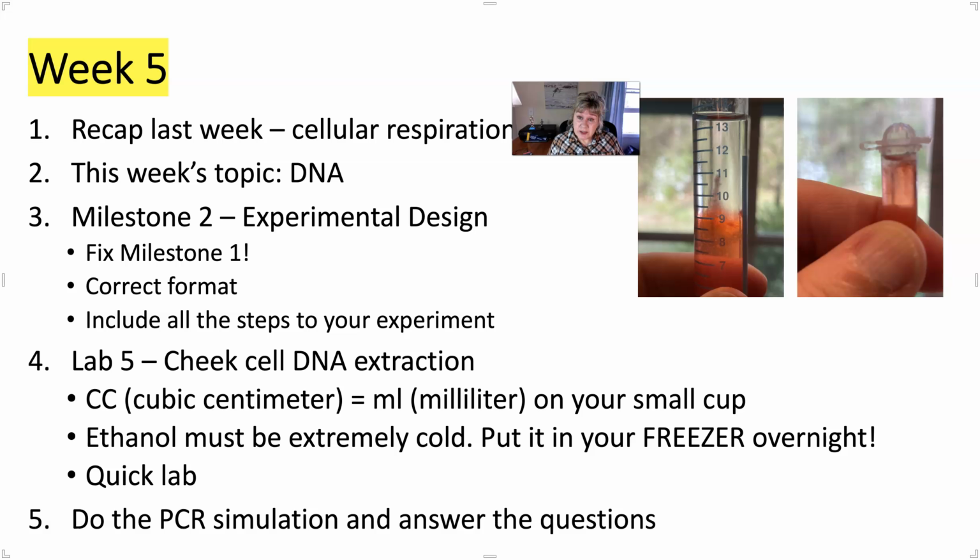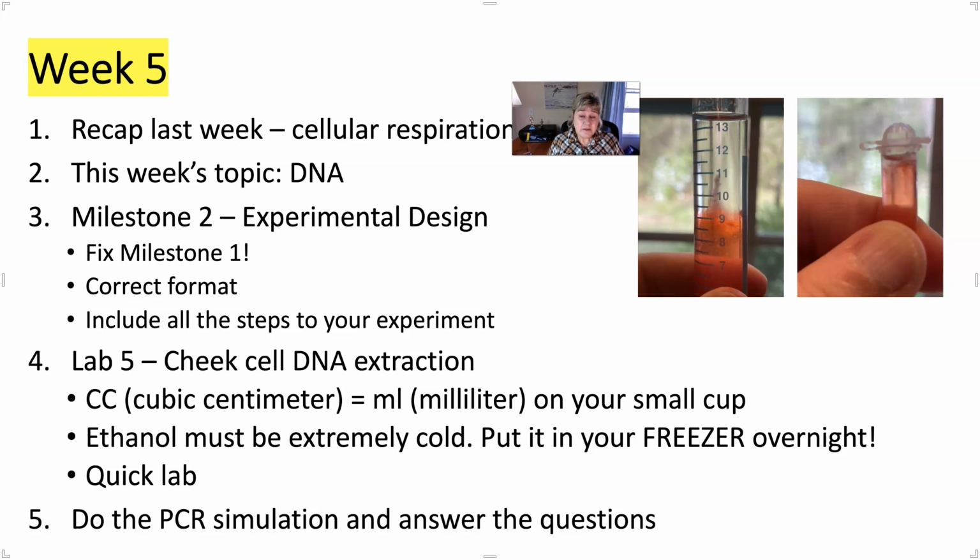Exactly which cities are you comparing air pollution in? Exactly which parts of the body are you going to be touching with the paper clip? And for how many seconds? And how many subjects are you going to have? You see what I'm saying? Be very specific about the steps in your experiment. You're writing out your procedure. And that will be done in week number 7 after I grade milestone 2.